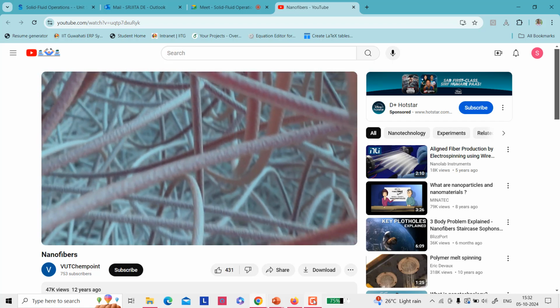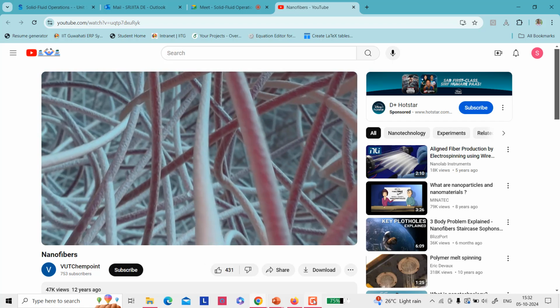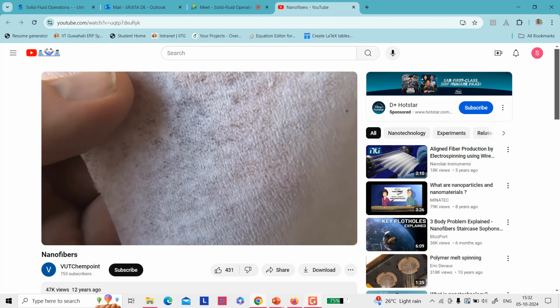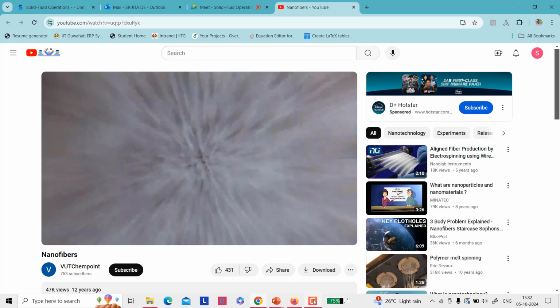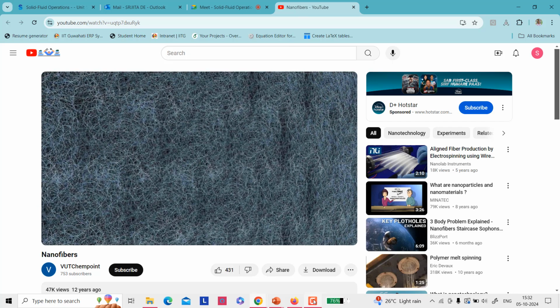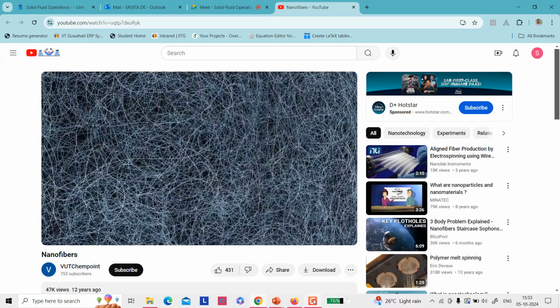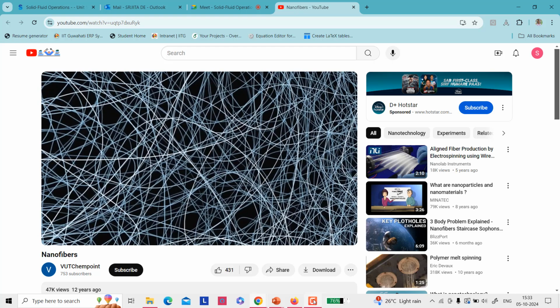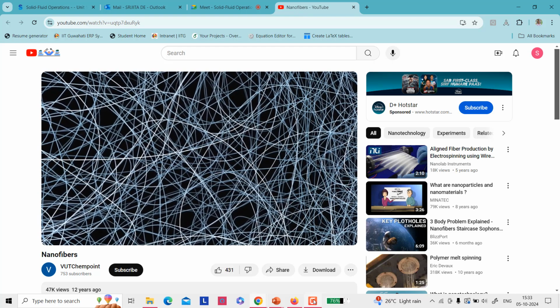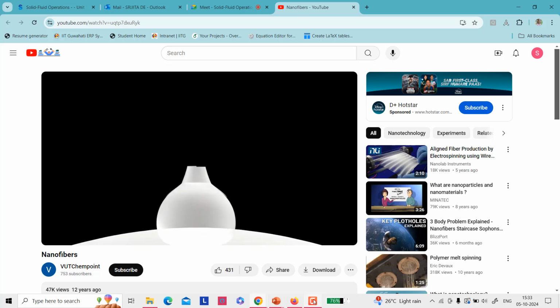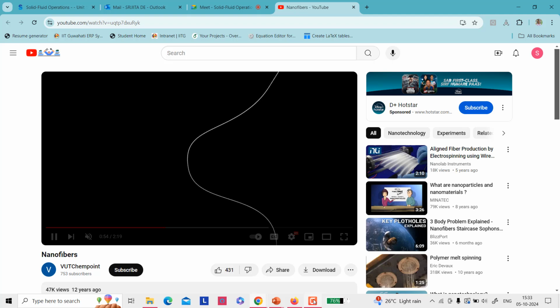So this is a filter. It is going inside it, and now you can see the nanofibers. This is the nanofiber.